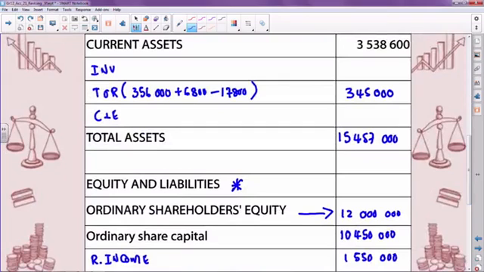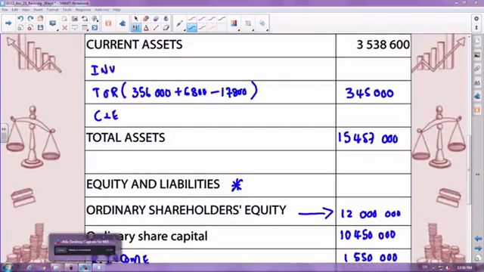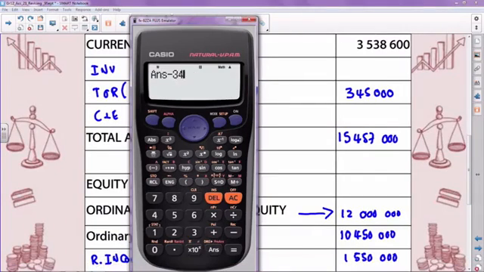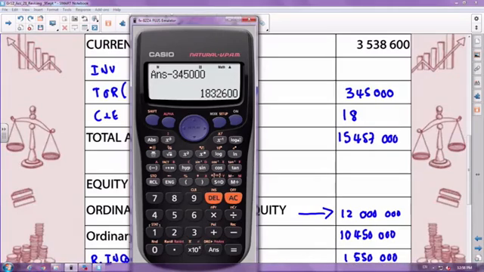So we go back to our calculator, minus 345,000, and this will then give me my cash and cash equivalents of 1,832,600.